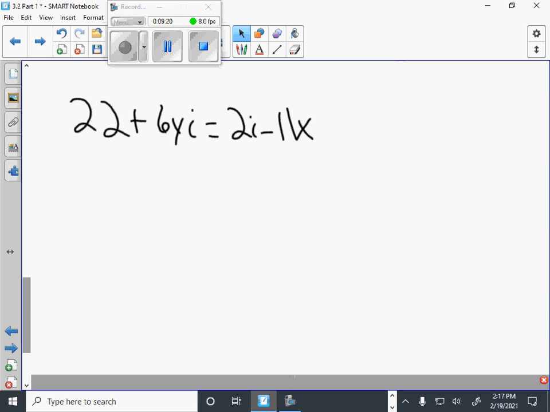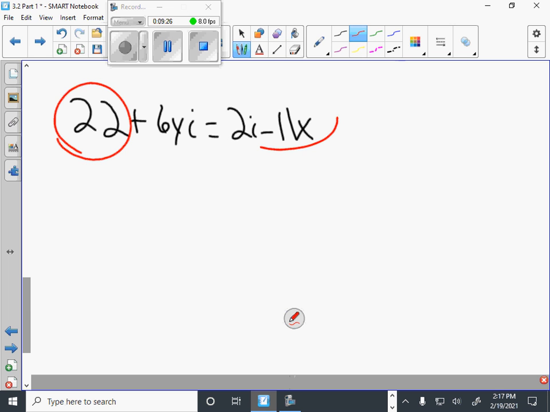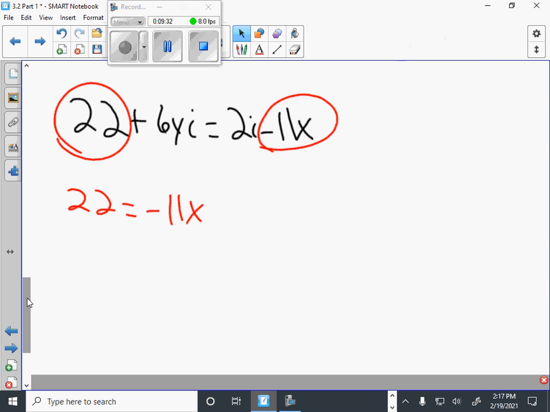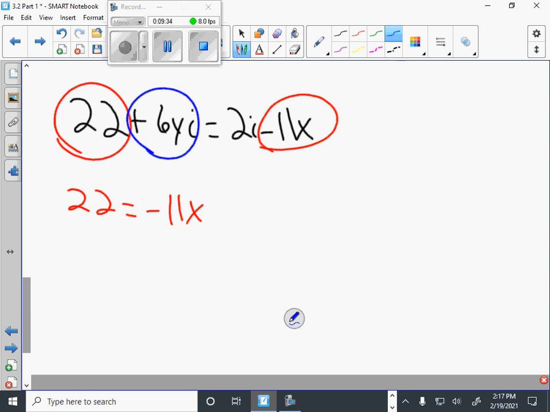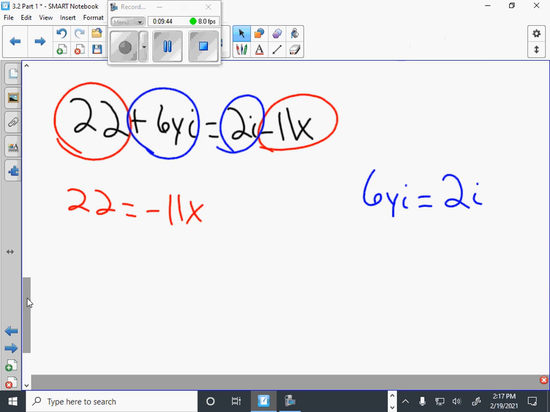Okay, same thing. Get a little repetitive here. 22 and negative 11x. So 22 equals negative 11x. Over here, positive 6y and 2i. 6yi is equal to 2i. Okay, solve for x.